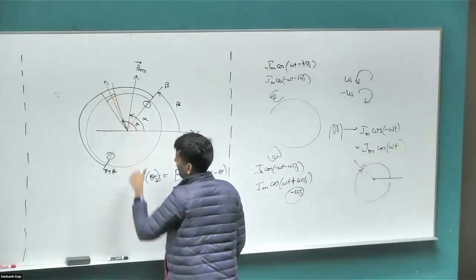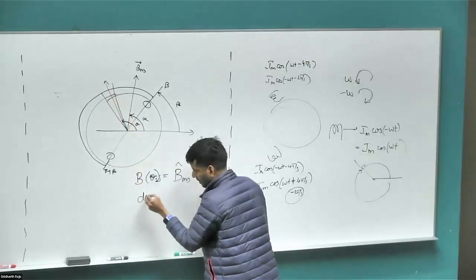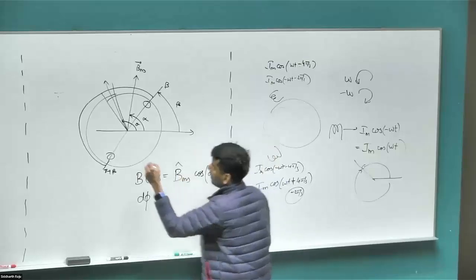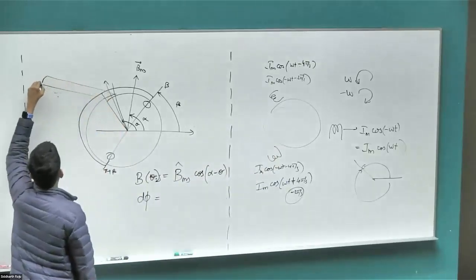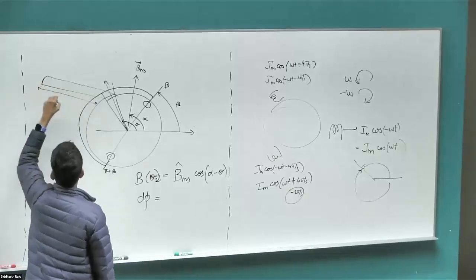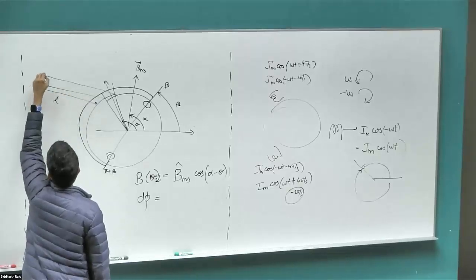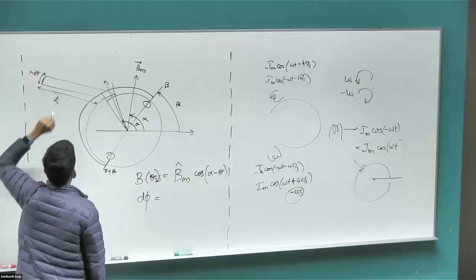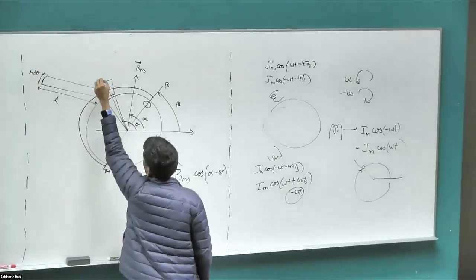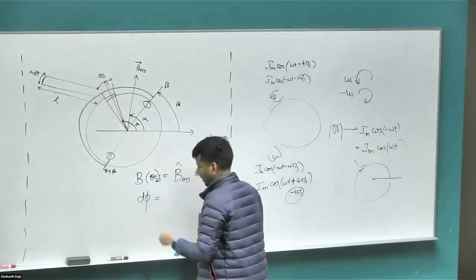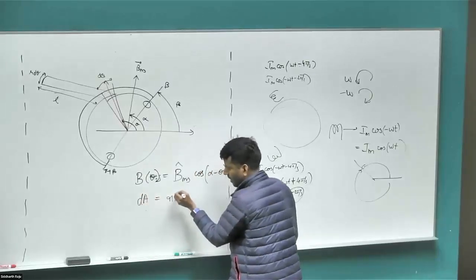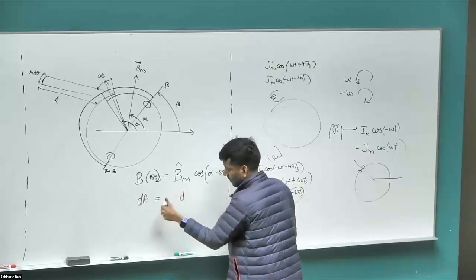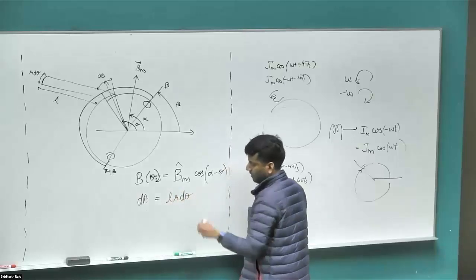At this particular angle, we can figure out what the flux is going to be at that angle. Basically take a tiny cross-sectional area. So this is extending all the way back, with the length of this cross-sectional area being L, and this being R times d theta. Right? So the incremental angle is d theta. And then the incremental cross-sectional area is just going to be R times L times R times d theta.